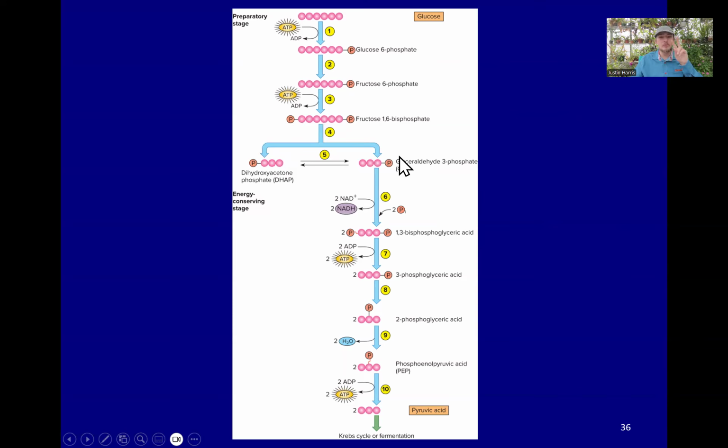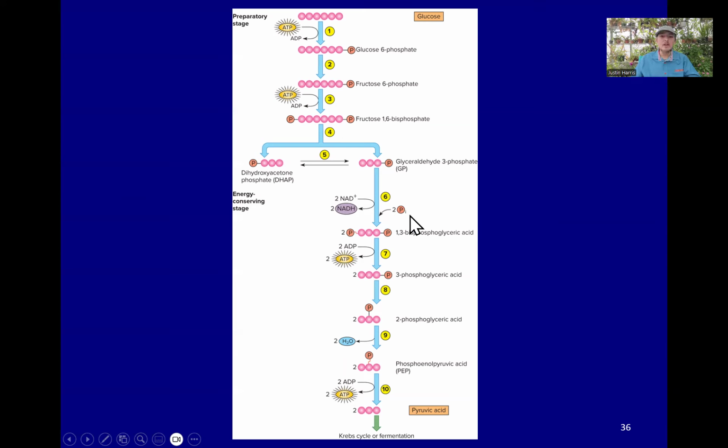And what we're able to do is harvest a high energy carrier molecule, converting NAD to NADH, or charge it with electrons. And also we're able to phosphorylate these 2 substrates. We're able to make 2 of these carrier molecules because we have 2 of these glyceraldehydes.